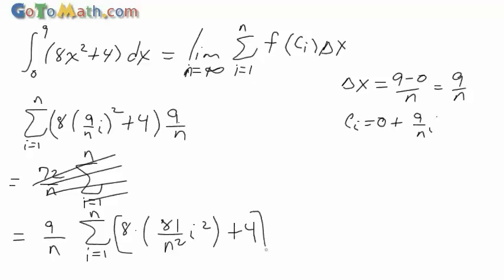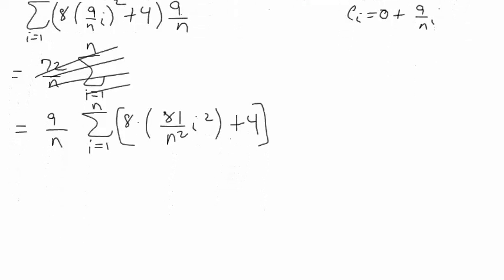Let's scroll on down the screen here. Now I'm going to go ahead and break this up. Let's leave this 9n outside because it's a bad boy. Let's break this up into two separate sums here. Now I'm going to take this 8 and this n squared.